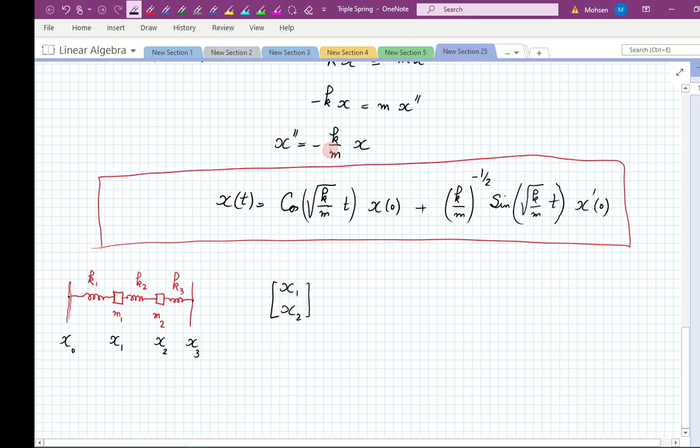What do you think instead of k over m I'm going to have? Well, I'm going to have a kind of an alphabet soup of everybody you see here: k1, k2, k3, m1, m2.